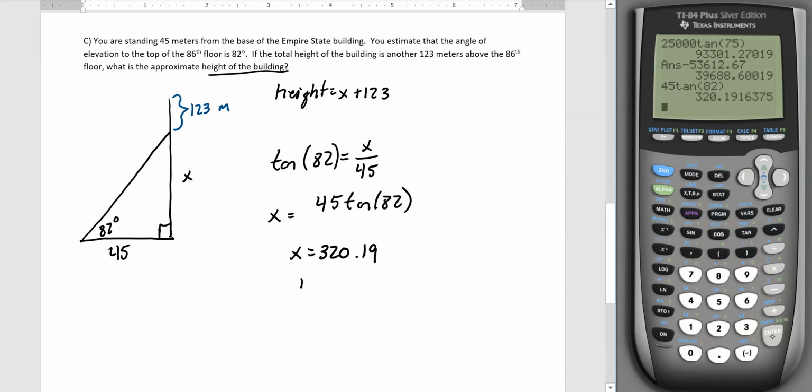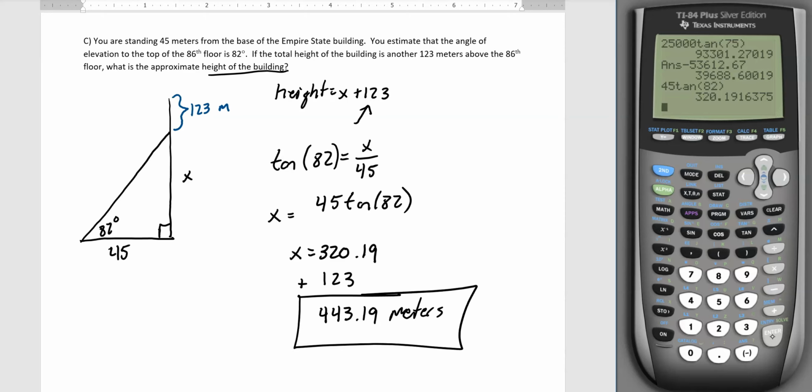And then we're going to add to that the 123. When I do that, I would get 443.19 meters. And that, my friends, would be how tall the Empire State Building is, or at least our estimation for how tall it would be.